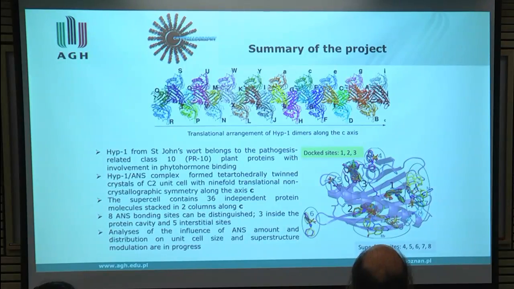Sites 1 to 3 are located inside the protein cavity, in the internal chambers and the deep pocket surface, respectively, whereas the other 5 sites are surface-bound ANS molecules interacting with nearby residues. There is a hypothesis that the size of the unit cell and structure modulation can depend on the amount of ANS ligands.